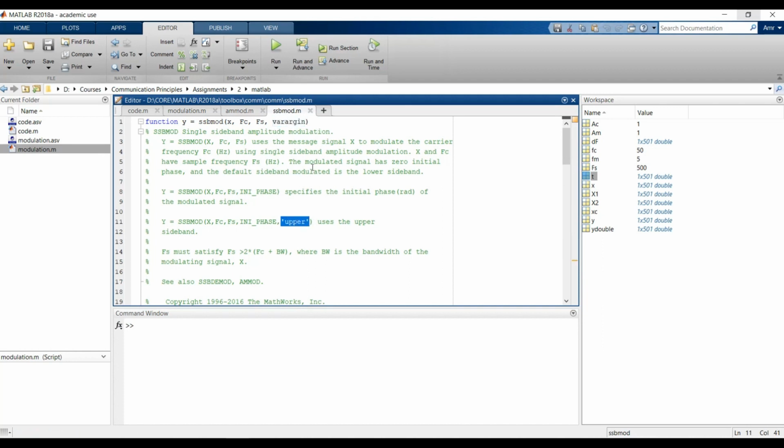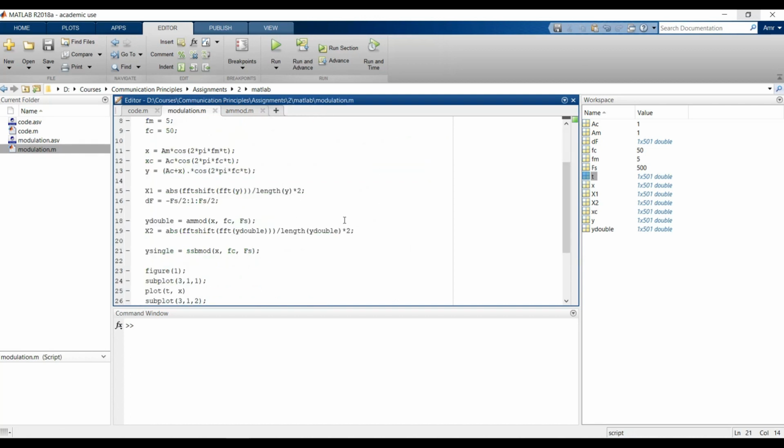Lower is the default. So in this one, we will have our lower sideband modulated by default. If we want the upper one, we have to indicate that in the function. So you see here, it's ssbmod, and it should give us the lower sideband.